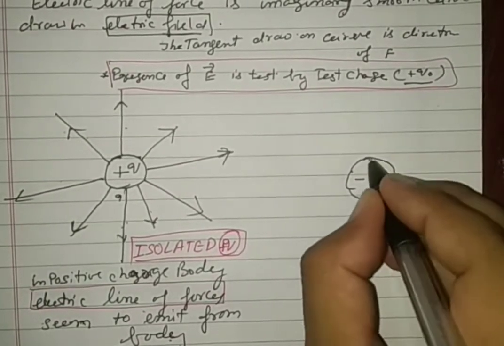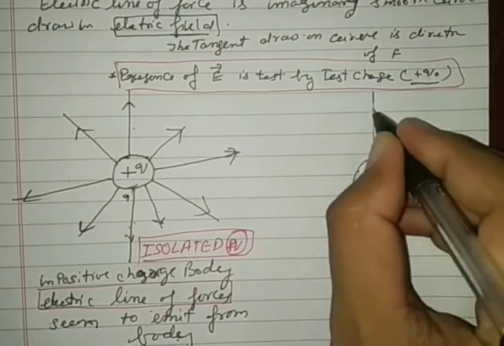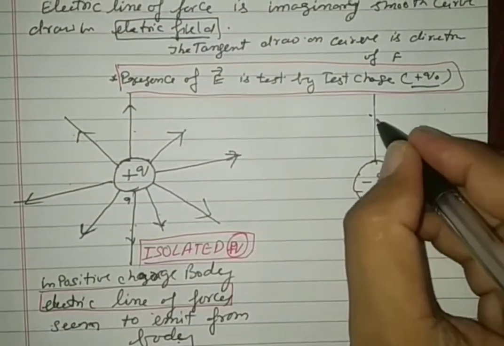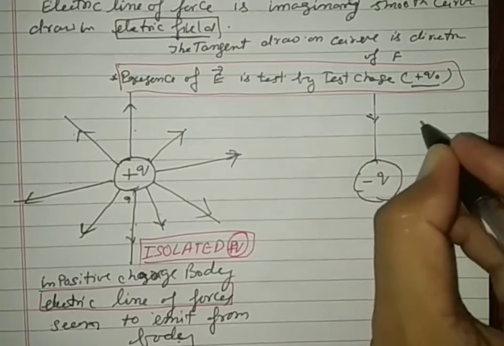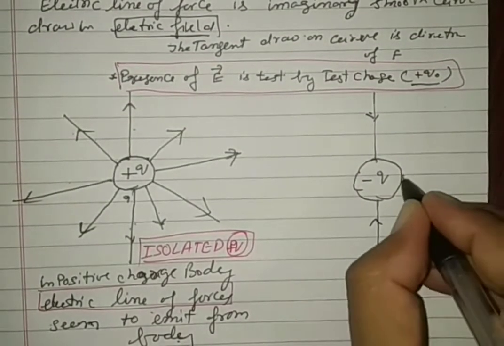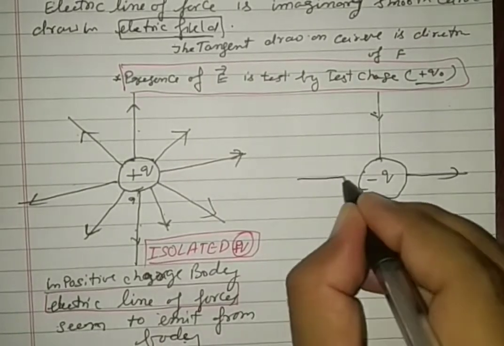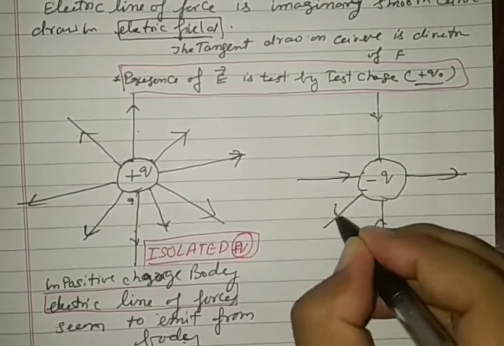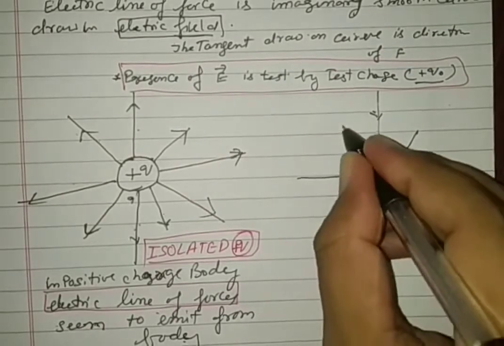Then when we draw the electric line of forces, they seem to enter the negative charged body.